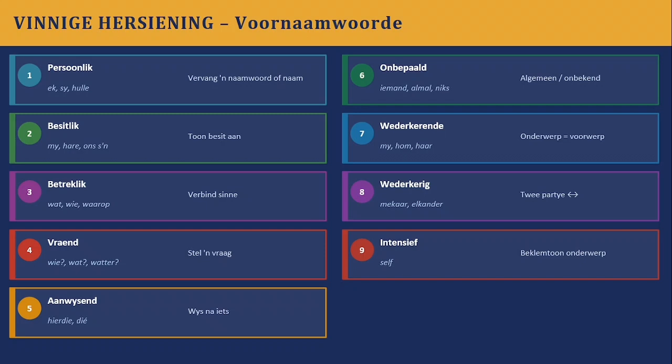Besitlik means possession, betreklik means combine the sentences, focusing on the main action of the sentence. Then we have VAO, which is vraend, aanwysend, onbepaald. Vraend is questions, aanwysend is specific, onbepaald is not specific. Wederkerend, wederkerig, intensief. This means doing something to oneself. This one is mekaar, and that one is self. You're done. Like, you don't need to go back to it once you know it like that.